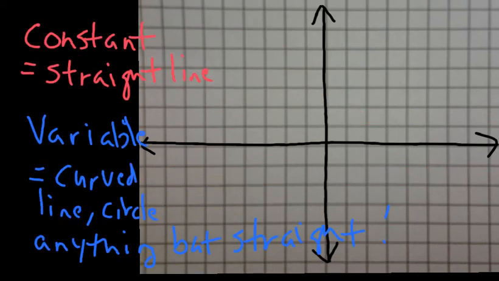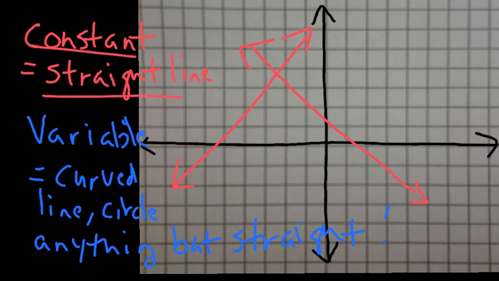Okay, one last thing to know about this lesson. They're going to ask us if something is constant or variable, and they're going to show us a graph. So what you need to know is this. Anytime you have a completely straight line, like this line, that's constant. Straight lines, constant. If it's a straight line, it's constant.